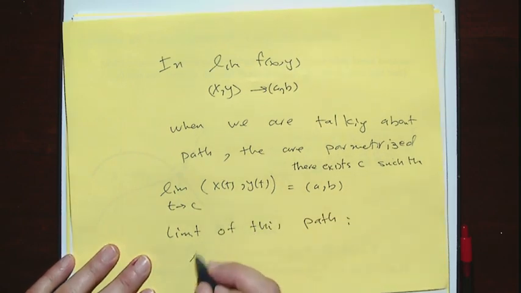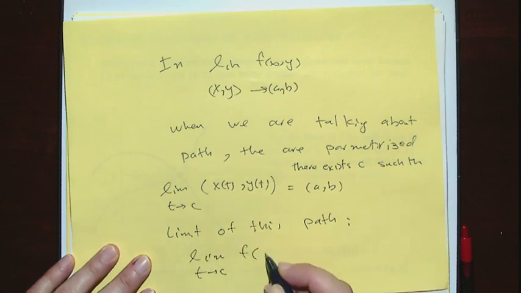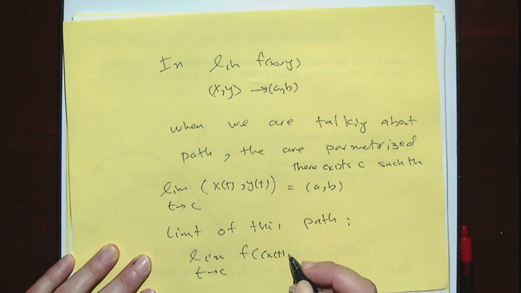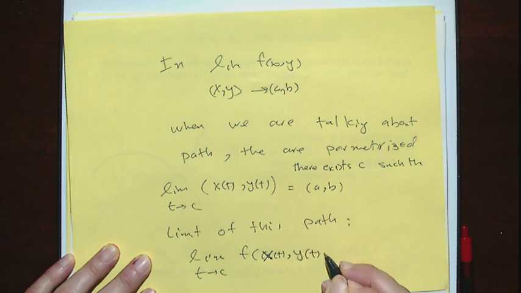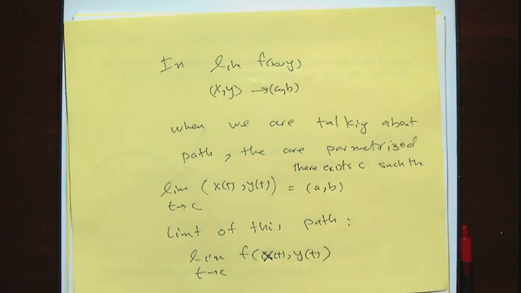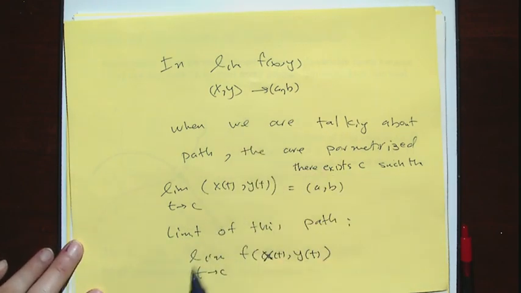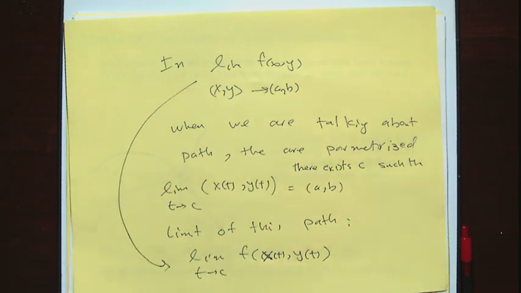You plug those in, and you get the limit as t goes to c of f of x of t, and y of t. I have an extra parenthesis. So you replace that limit by that over a path.